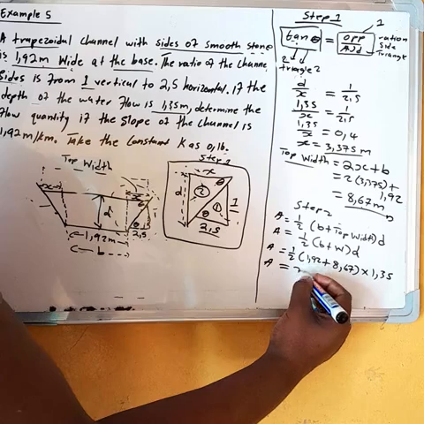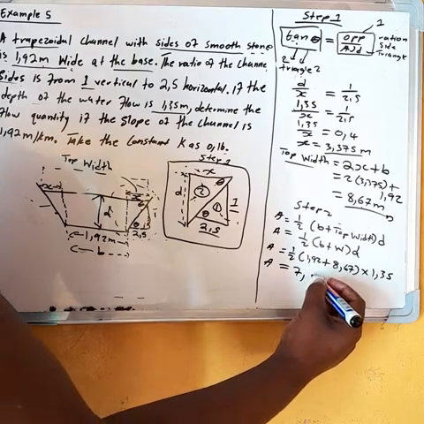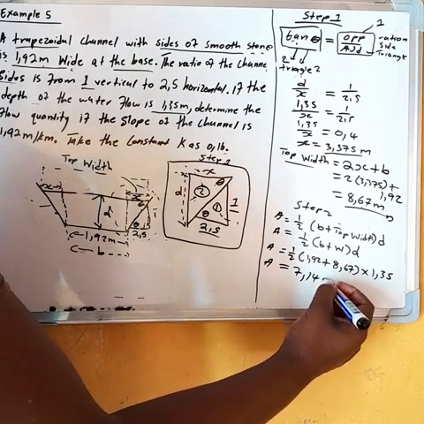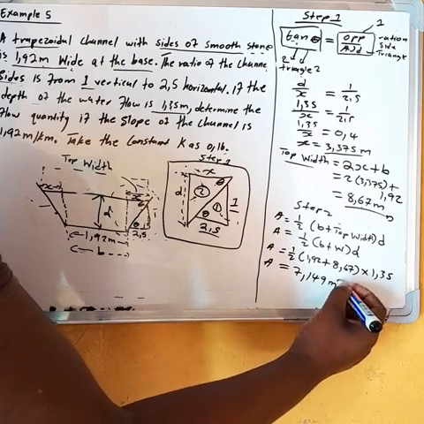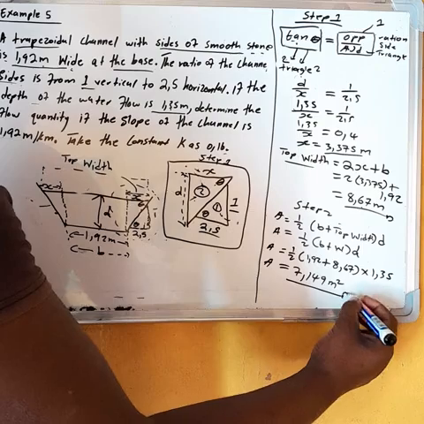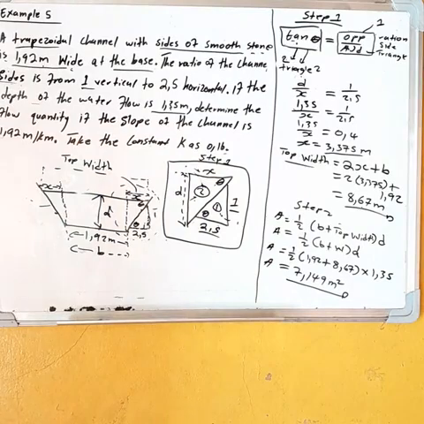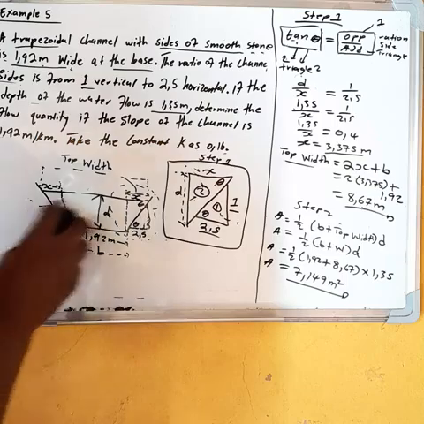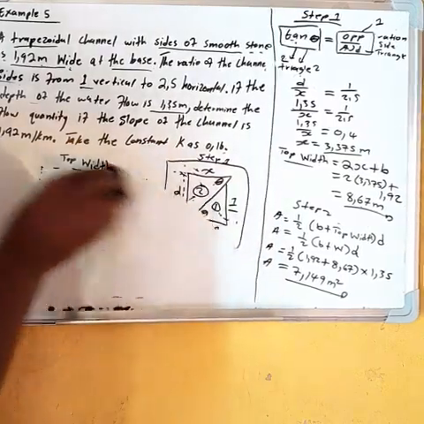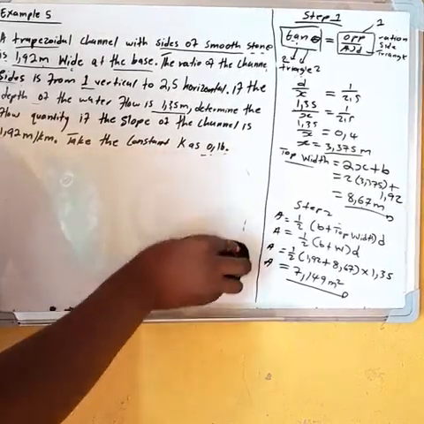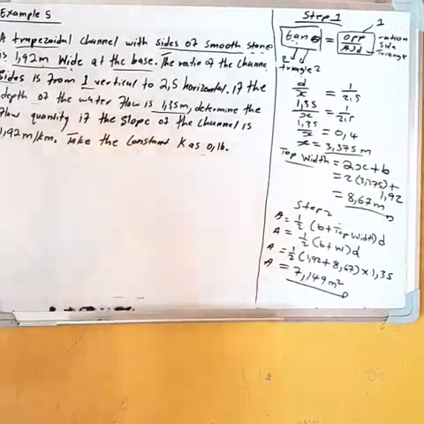You're supposed to get that area. It must be 7,149 meter squared. It's measured in meter squared. That is the area. Let me erase here. That was step 2.